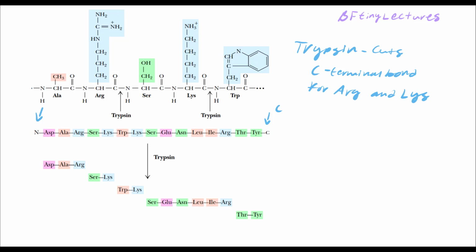Well, we can use trypsin, and it's going to essentially read, I like to say read, the polypeptide chain, and it says asparagine, alanine, arginine, serine, lysine, right here, and it says, wait, arginine. Well, arginine, I can actually cut that, because it reacts with the R chains. So you can say it reacts with R chains.